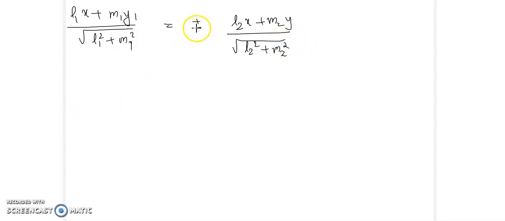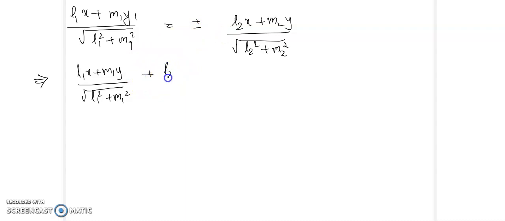Now combining these two equations, you will get L1x plus M1y by root of L1 square plus M1 square. This is in the form A equal to plus or minus B, so you will get A plus B into A minus B equal to 0.